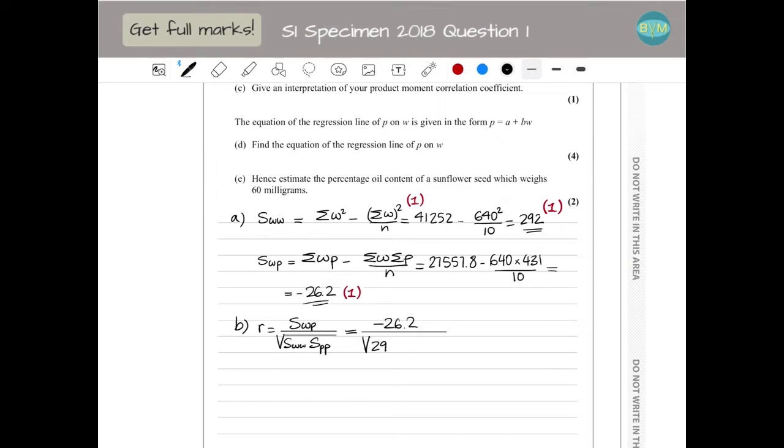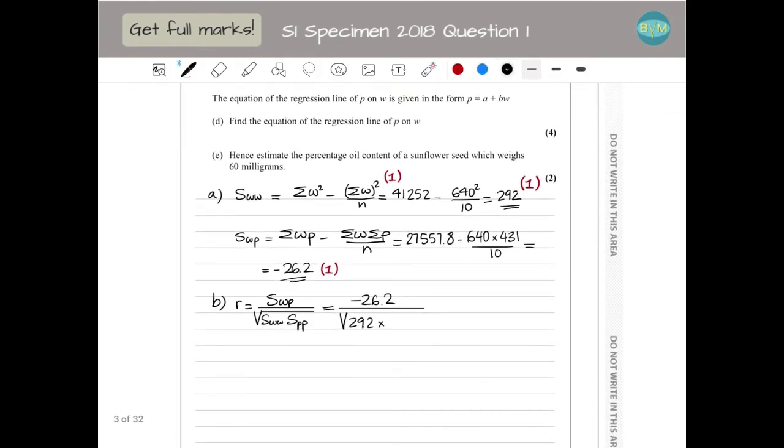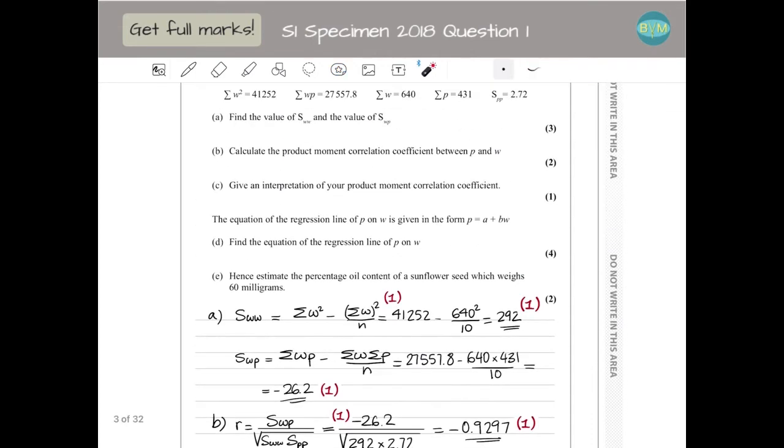Sww, again, we found it, and Spp is given, 2.72. We do this with the calculator, and then we have minus 0.9297. You have 2 marks for this question: 1 for the correct method, so for using the formula and substituting well, and the other for the final answer.